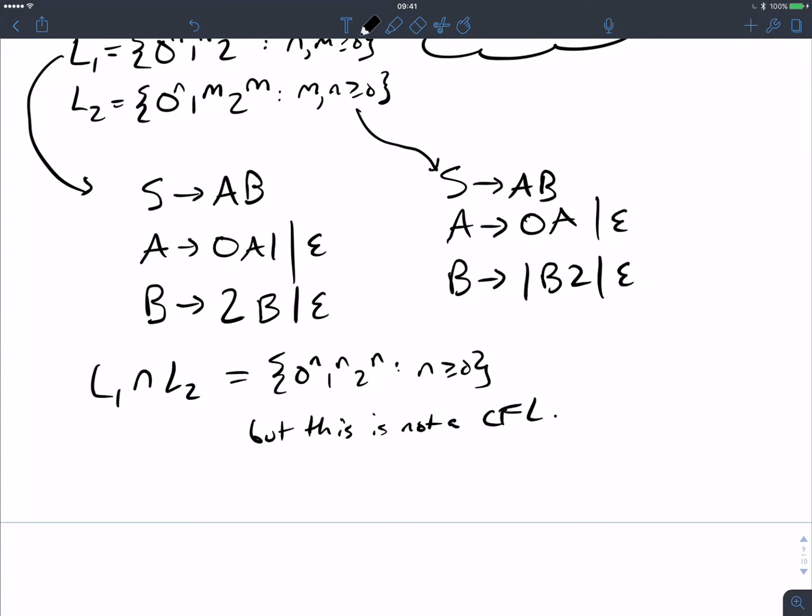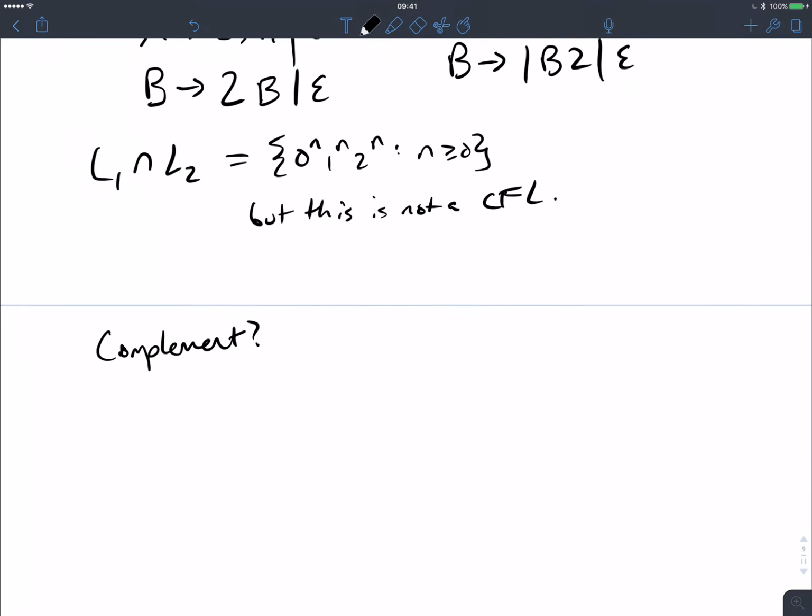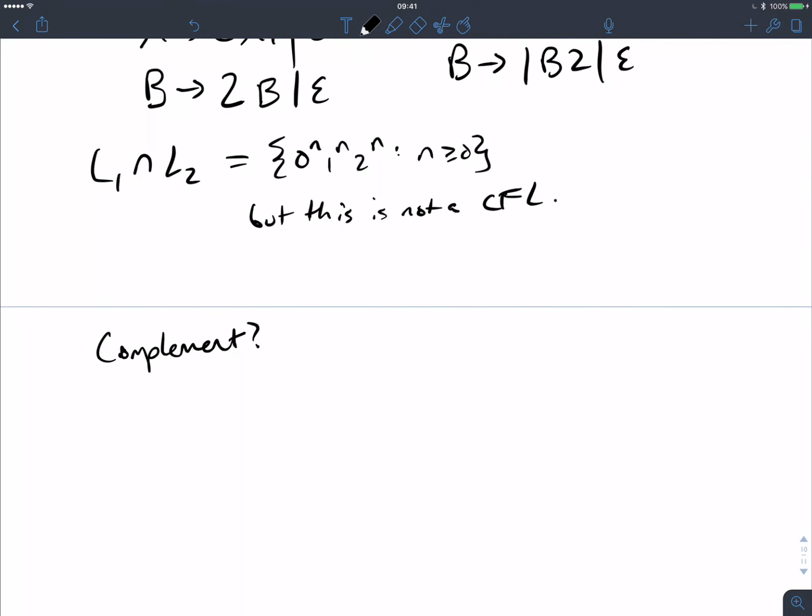One more before we close up. What about complement? Can I relate union and intersection and complement really easily? Look to our old friend, Augustus De Morgan. How do I relate complement and union and intersection? Well, intersection is just equal to the complement of the union of the complements.